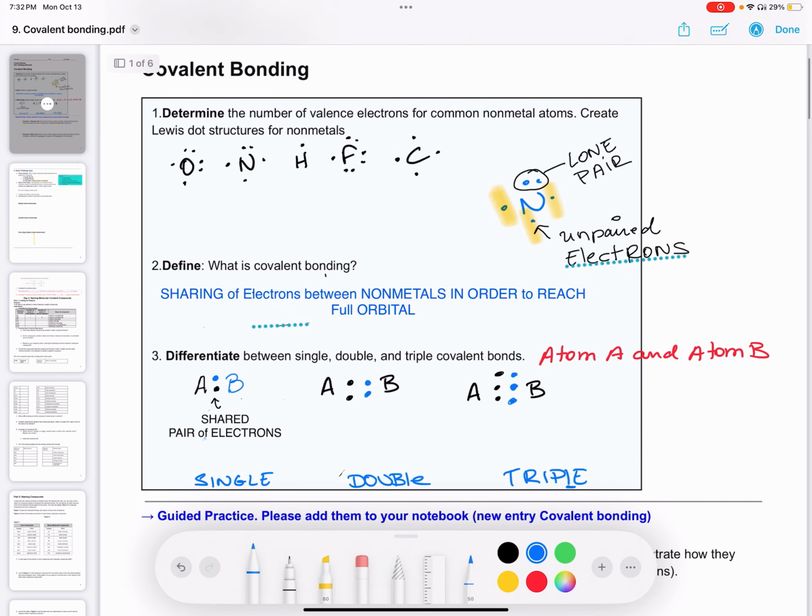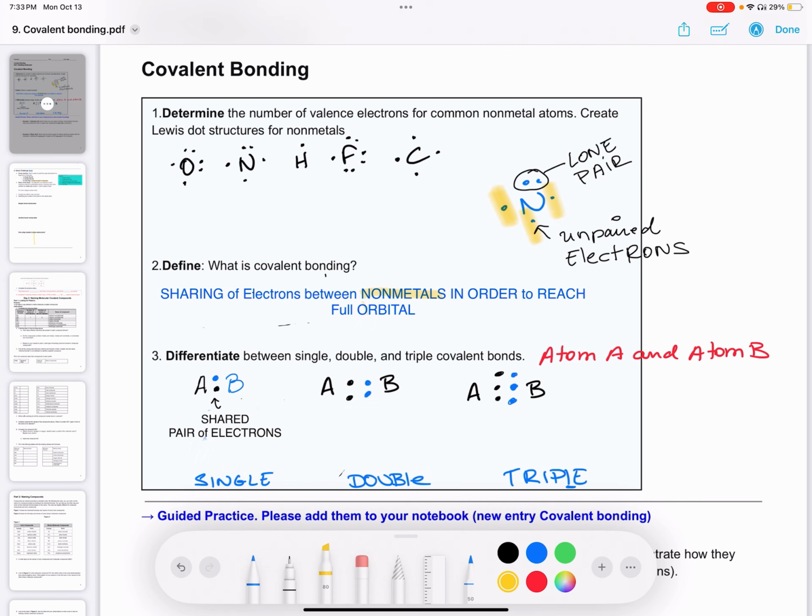All right, then the second question is, what is covalent bonding? Well, it is the sharing of electrons, and I'll show you how they share in a moment, but it's the sharing of electrons between nonmetals. This is going to be important for you to know. Okay, it's between nonmetals.